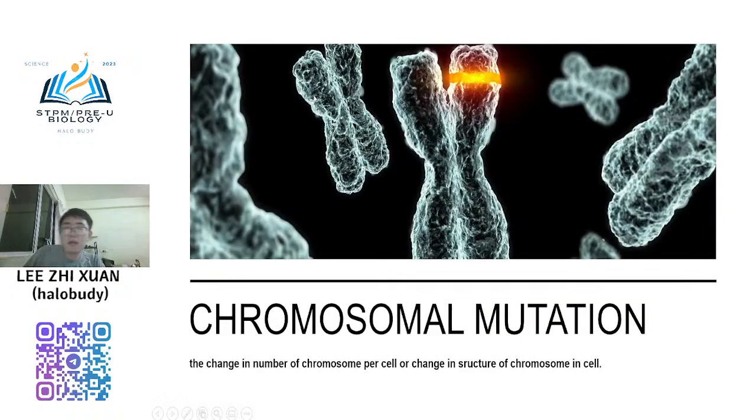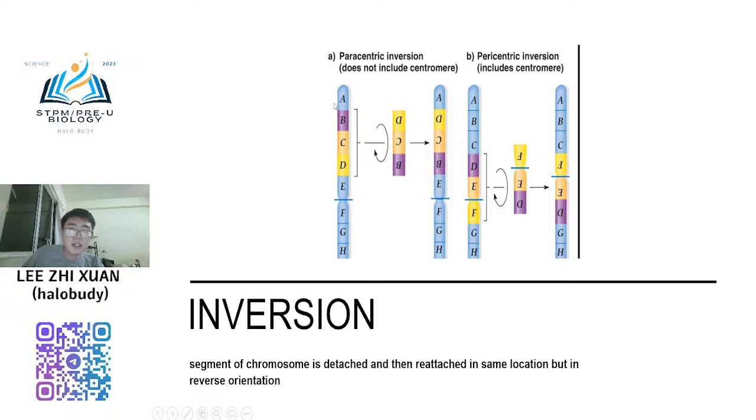Because you need to know that our chromosome has loci, and one locus actually contains many genes, in fact entire genes. So this is gene A, gene B, gene C. The entire genes are totally changed. Earlier, for gene mutation, only the nucleotide bases were changed. In this one, part of the gene has already changed. So this is the difference.